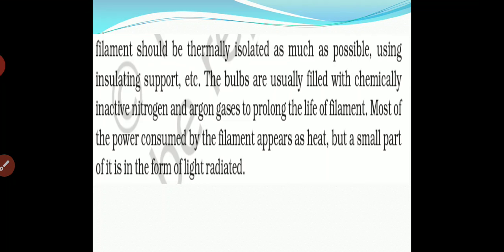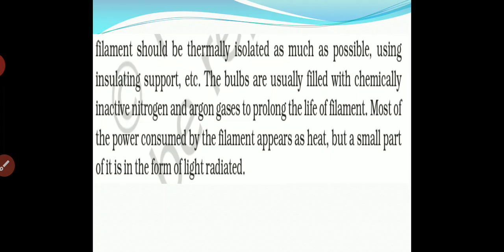The filament should be thermally isolated as much as possible using insulating supports, etc. The bulbs are usually filled with chemically inactive nitrogen and argon gas to prolong the life of the filament. So in a bulb we can see that nitrogen as well as argon gases are present, which are chemically inactive, and they will extend the life of the filament, so it will work for a long time.